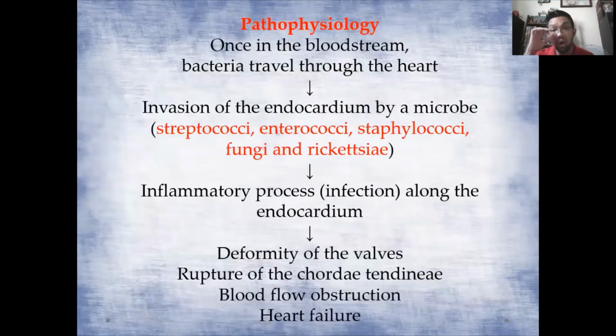So, pathophysiology: once the bacteria is in the bloodstream, this can travel through the heart. Let's say, for example, you're a drug addict and you did not practice aseptic technique when injecting yourself with an illegal drug. So you unscrupulously injected yourself with an unsterile syringe.